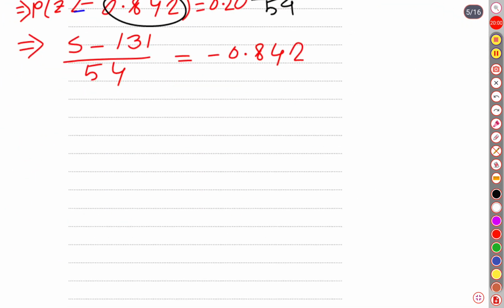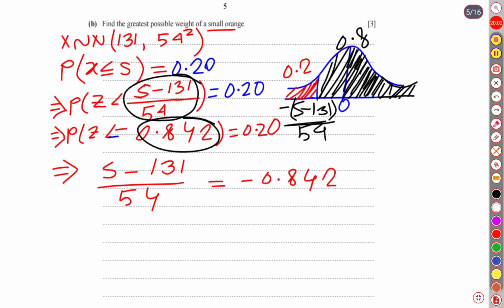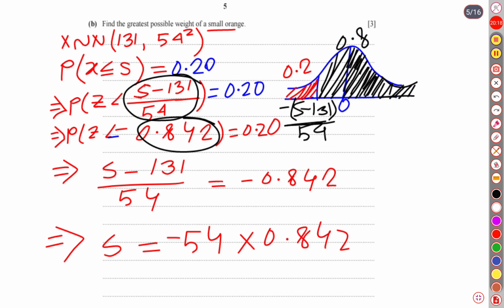If we simplify, then s is equal to minus 54 into minus 0.842 plus 131.